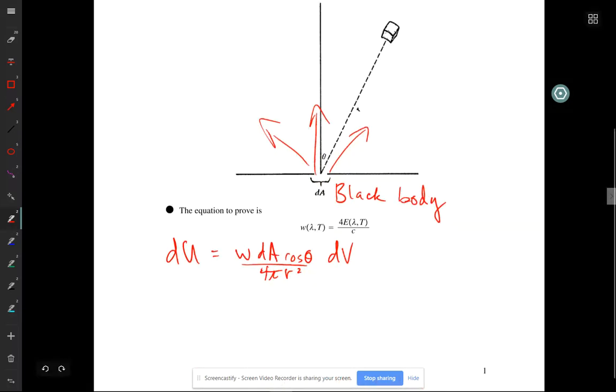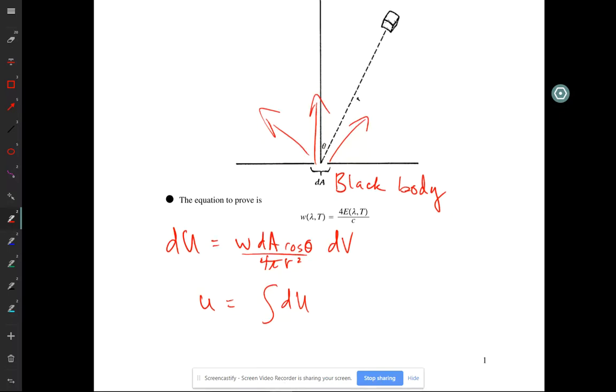So now I have du. I need to integrate this to find u, and you'll integrate over theta, phi, and x, where x is going from 0 to c delta t.